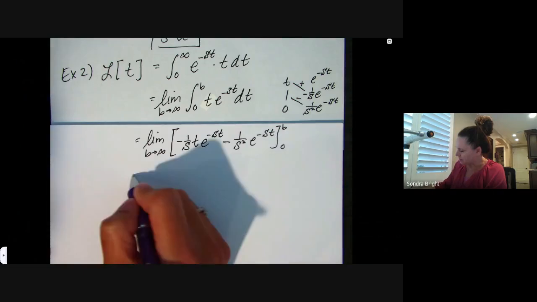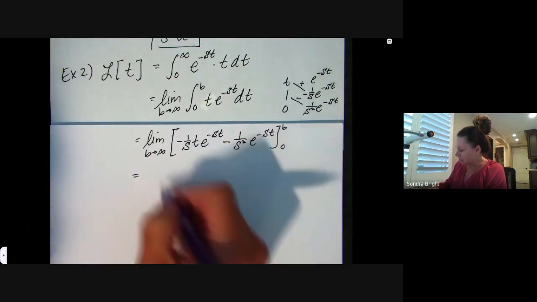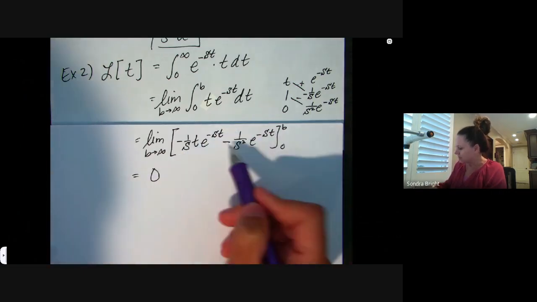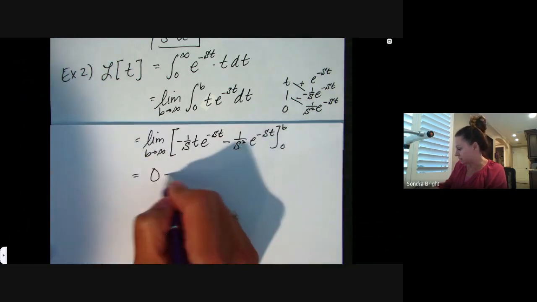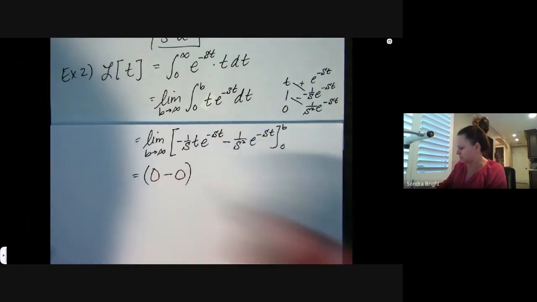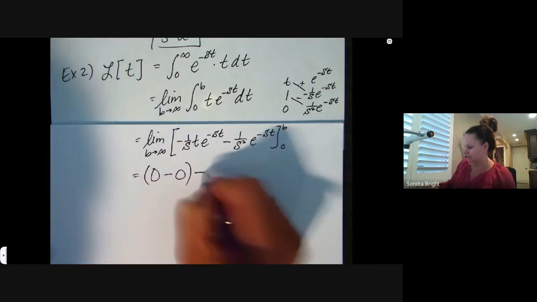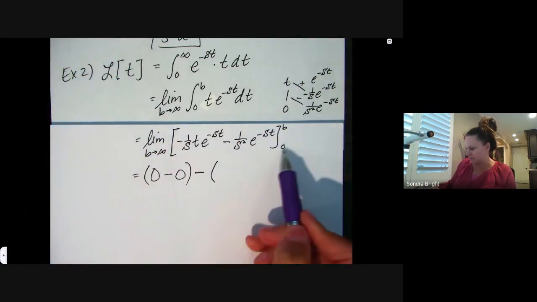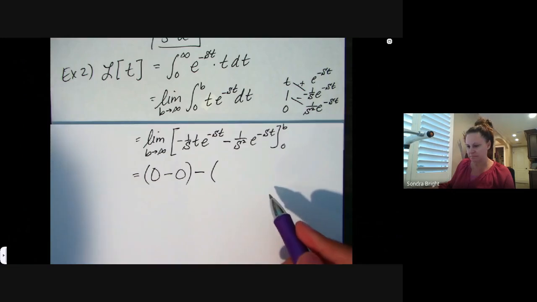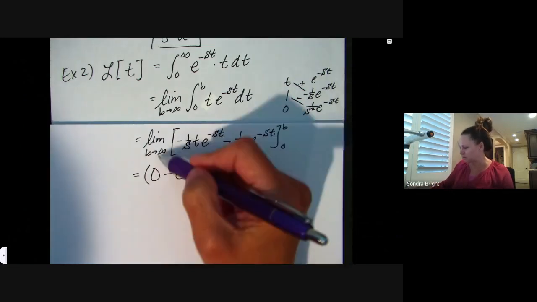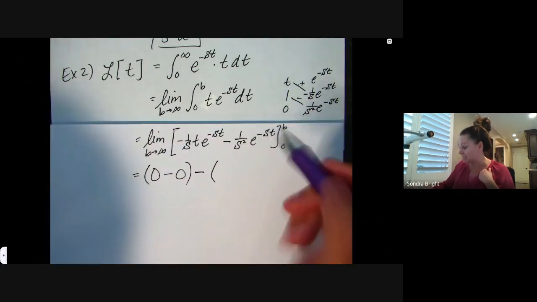And so that one ends up being a 0 minus, same thing happens there too, minus 0, because again, when you're plugging b into t, limit as b goes to infinity, those were zeros. Okay, now we're going to plug in the 0.